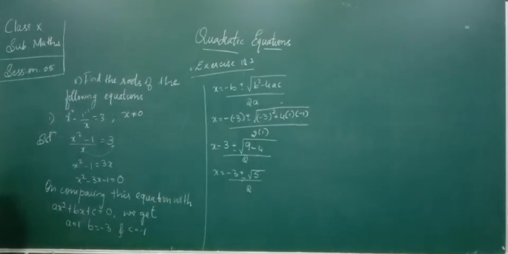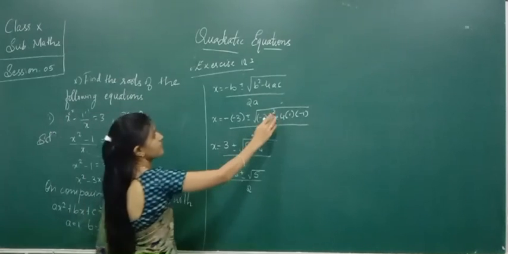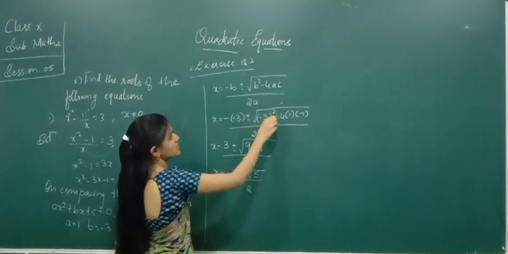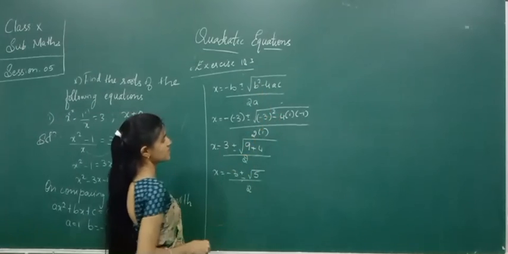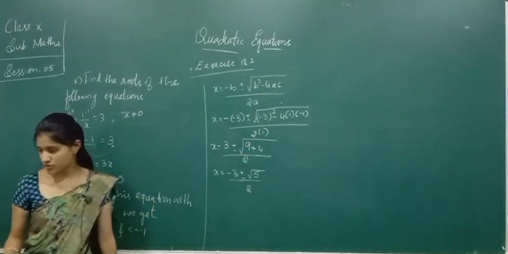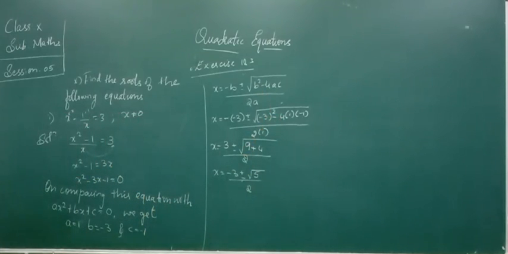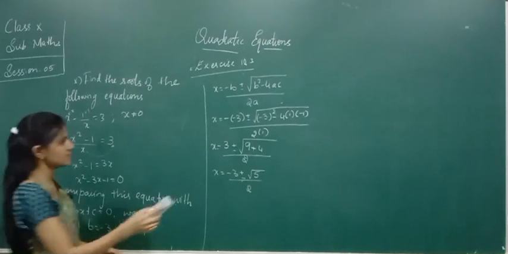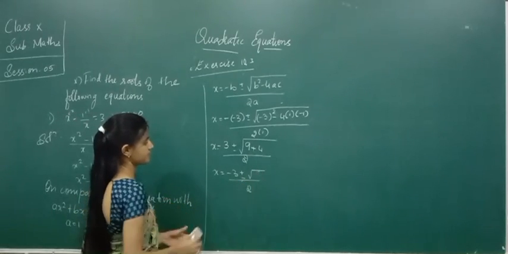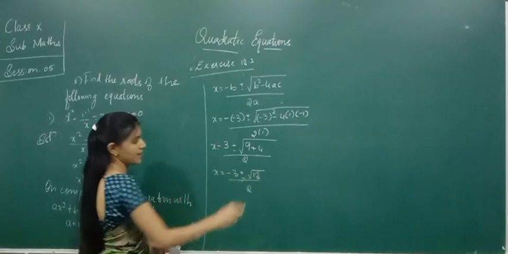See what we got? We got x is equal to minus 3 plus or minus, wait, I have minus here, no, minus into minus is going to be plus. 9 plus 4 is going to be what? 9 plus 4 is 13, divided by 2.